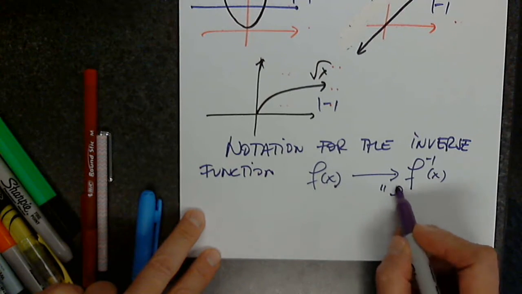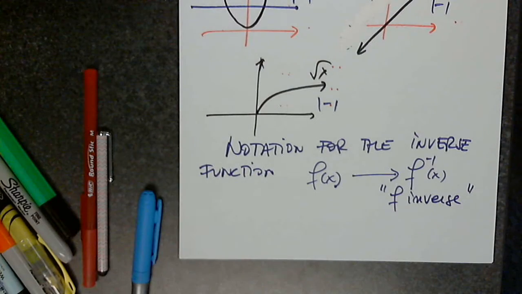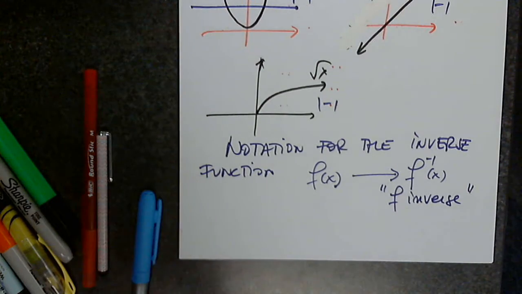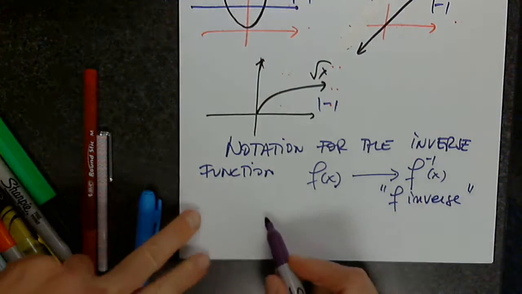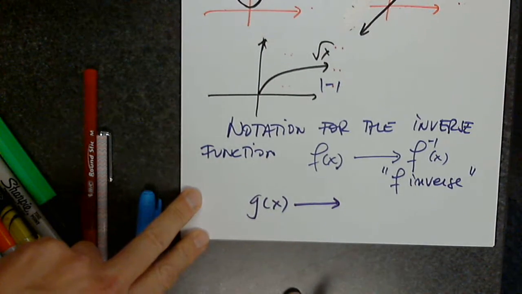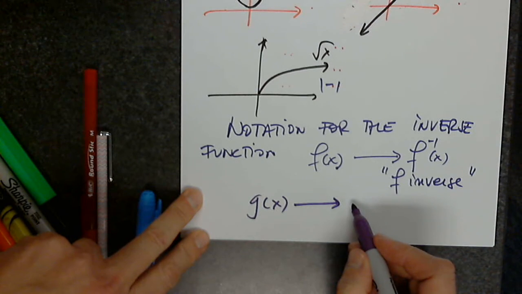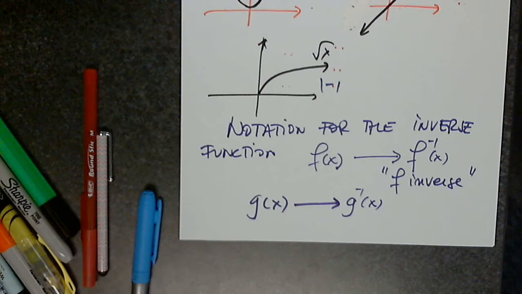So we read this f inverse. If the function is denoted by g, let's say, what will we denote its inverse by? Of course, it has to be the same letter.